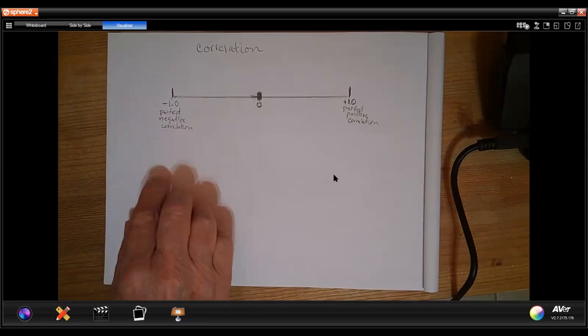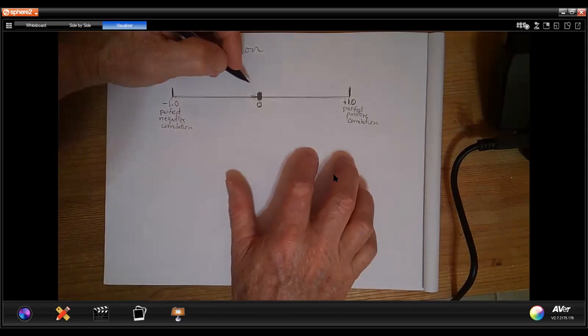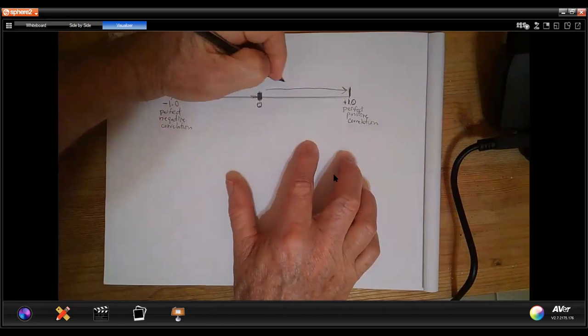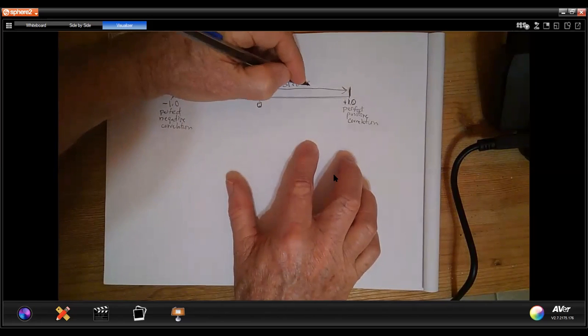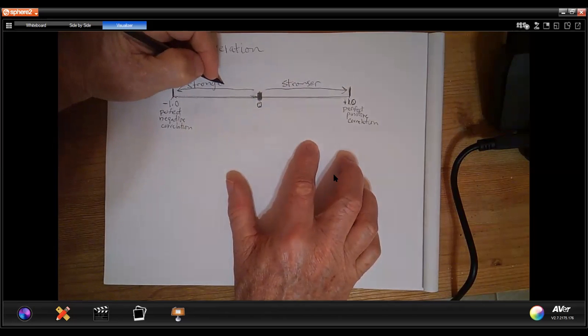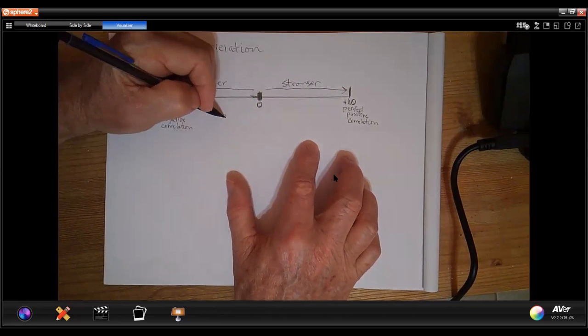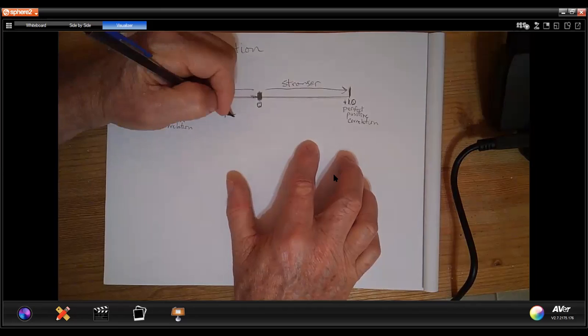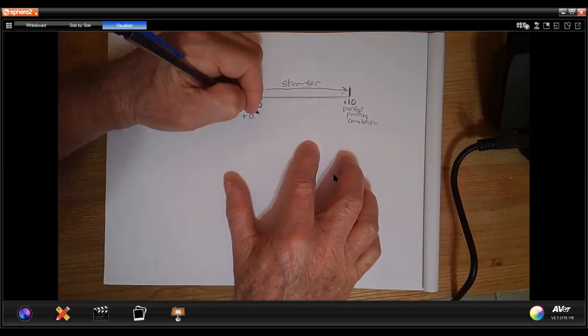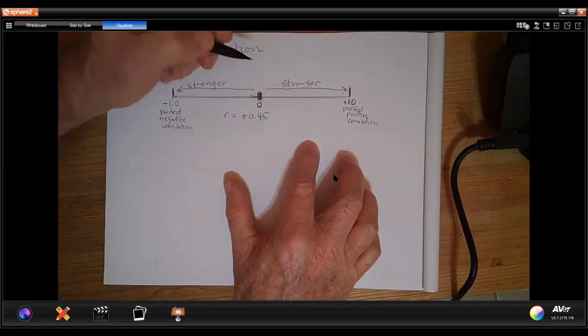So what you should know about these correlation coefficients is the further you go from zero either direction, the stronger the relationship is, either direction. So let's say we had a correlation coefficient of plus 0.45, let's say.